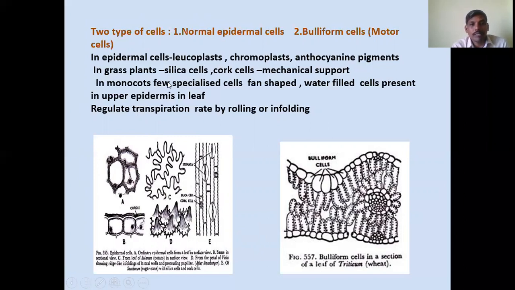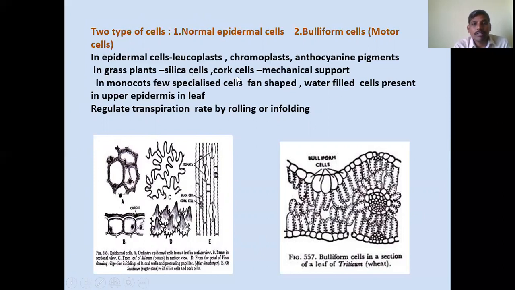In grass plants, the epidermal cells are composed with two types of dwarf cells, which give mechanical support. The two types of dwarf cells are silica cells and cork cells. Silica cells are made up of silica granules, which give a rough surface or rough texture to the leaf.